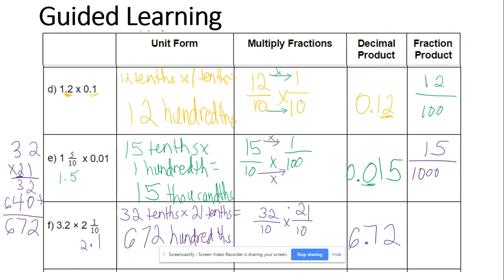We already did 32 times 21. We see that's 672. And then 10 times 10 is 100. So 6 and 72 hundredths is the same as 672 hundredths.